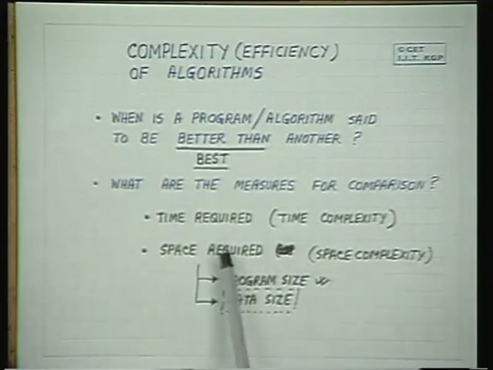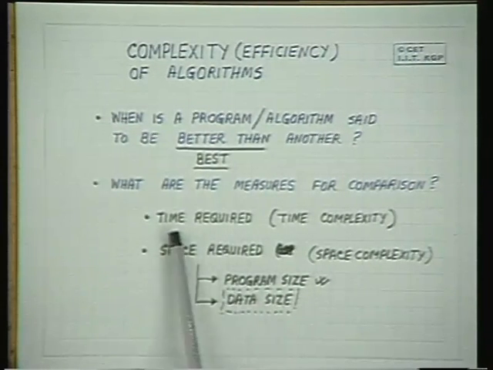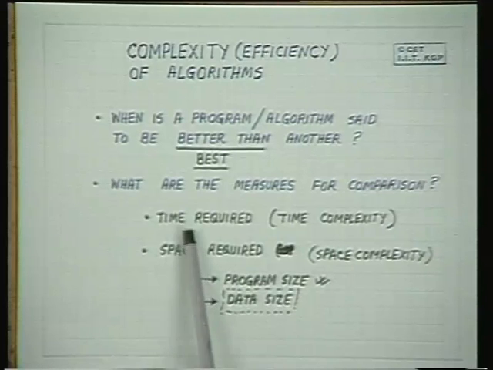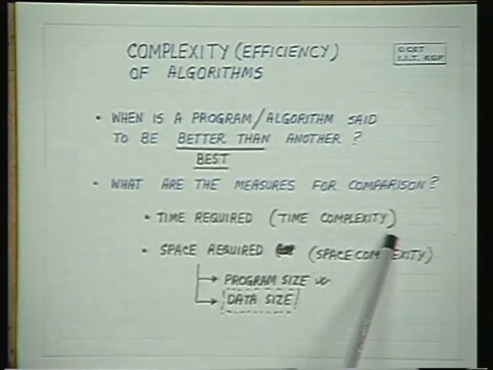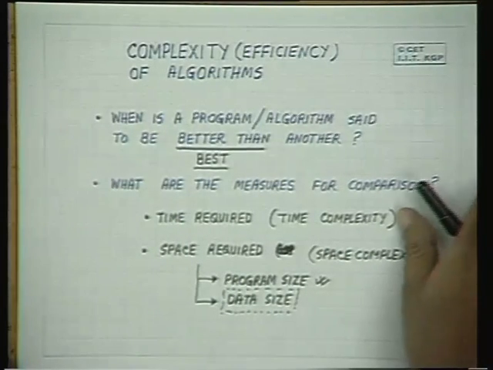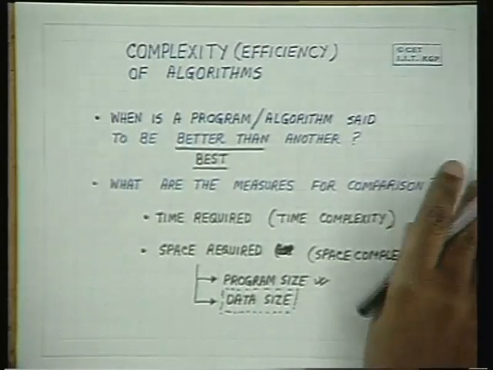The other aspects like elegance of a program, easy understandability, etc., come much later, only after there is a tie between possibly all these situations, of which the time required, as I mentioned previously, is the most important criteria. Now even here there are several issues.